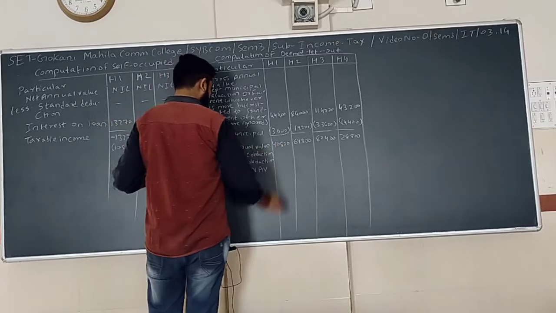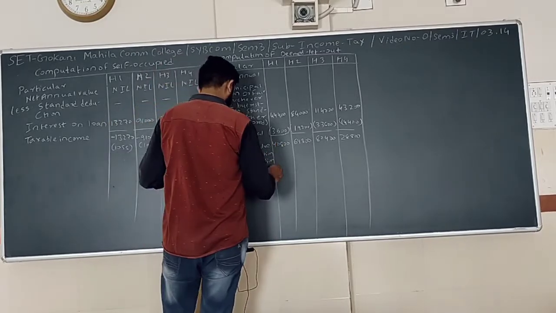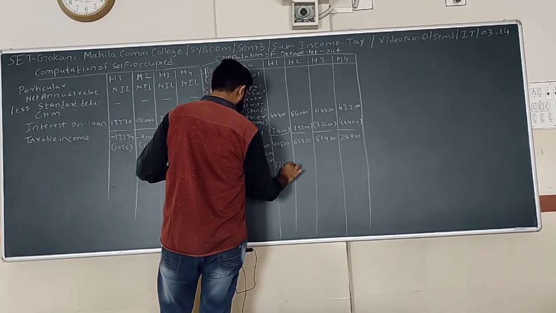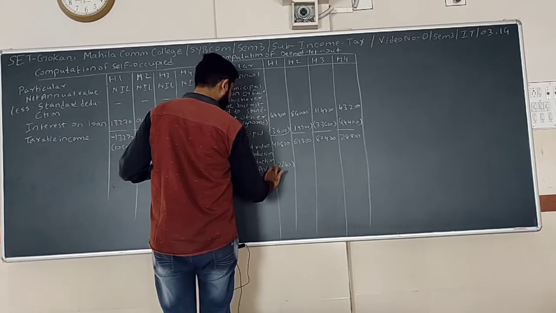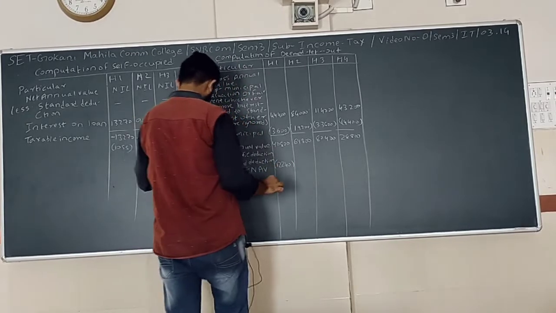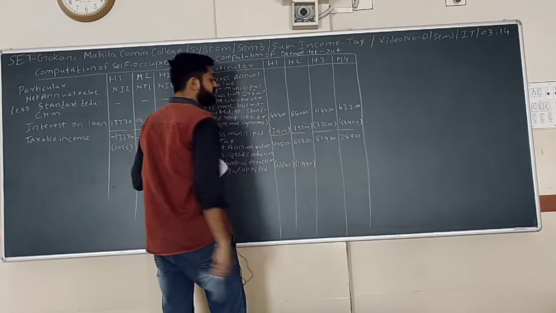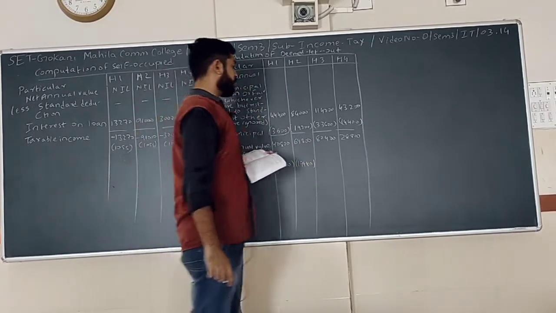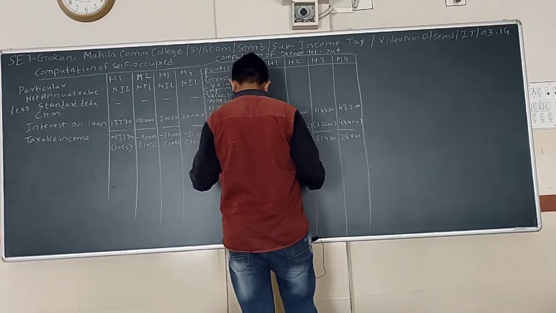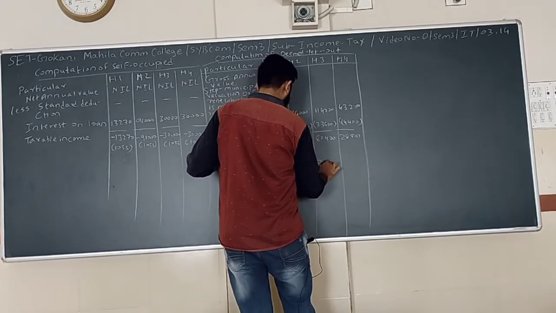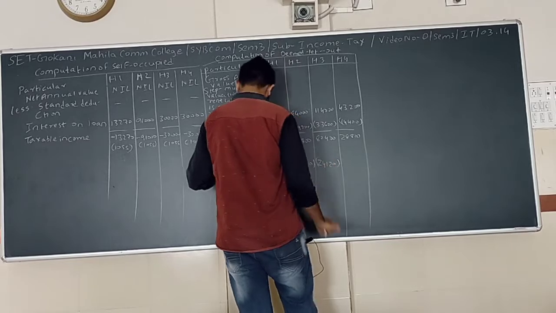So for this 40,800, 30% is going to be 12,240. For the second, it is going to be 19,440. Calculate 64,840, 30%. Then 80,400, 30% is going to be 24,120.